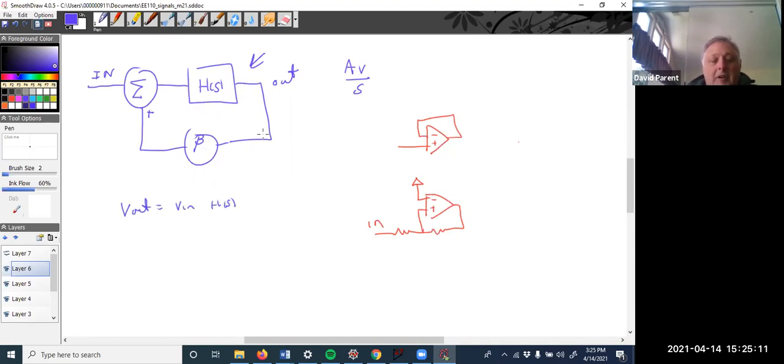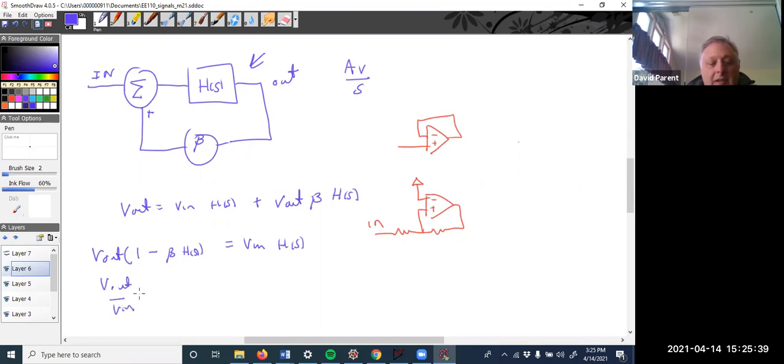But it also equals plus V out beta H of S. Let's collect the V out terms. V out times 1 minus beta H of S equals V in H of S. And then I'll just finish it off.